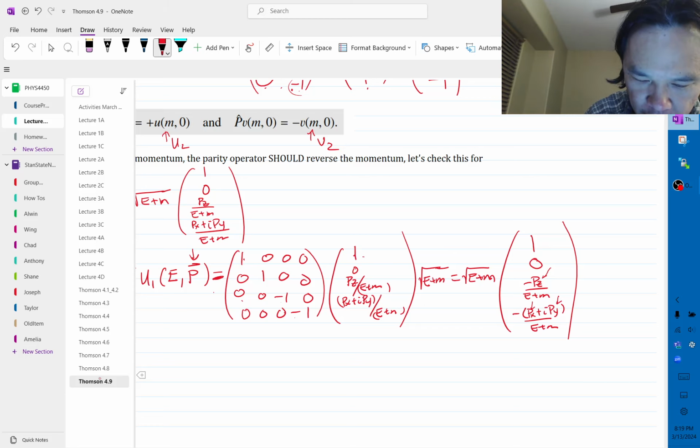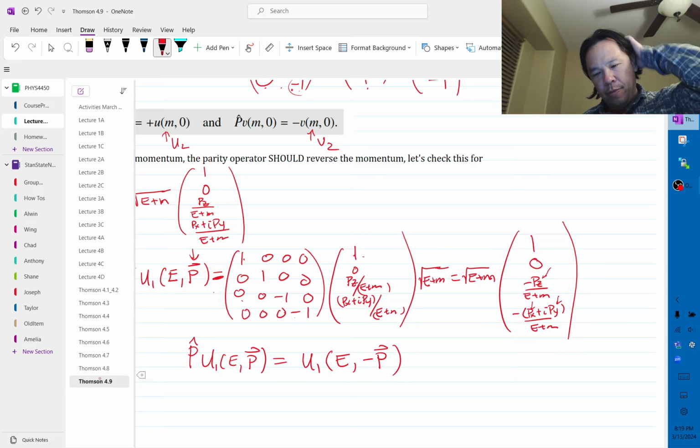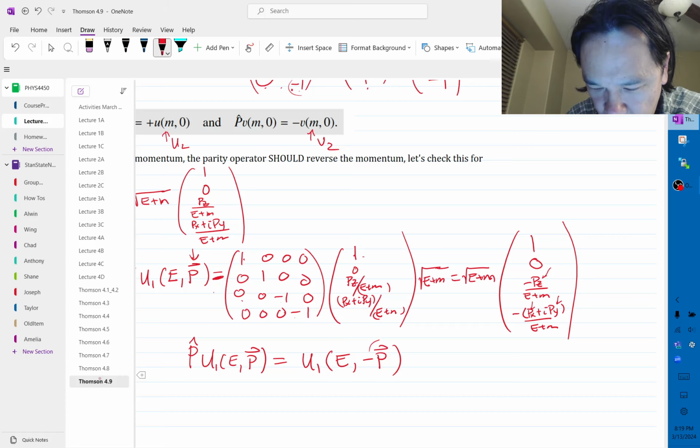So this is actually equal to the parity operator on U1 with energy E: it's the same thing as U1 with the same energy but opposite momentum, because this negative sign came from here.